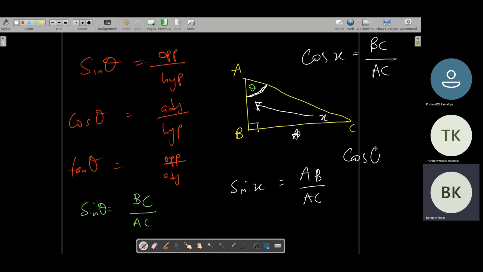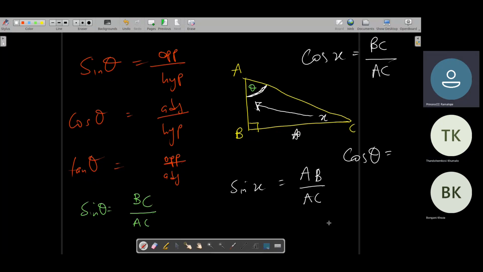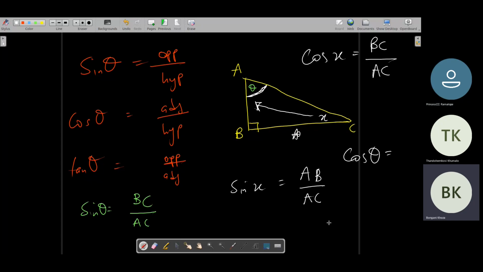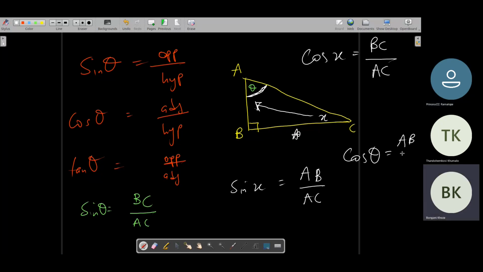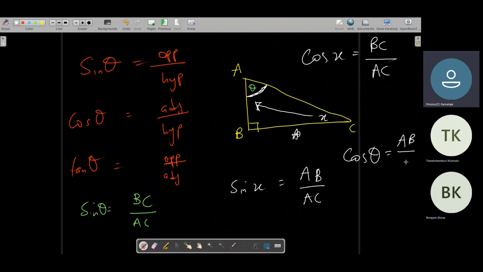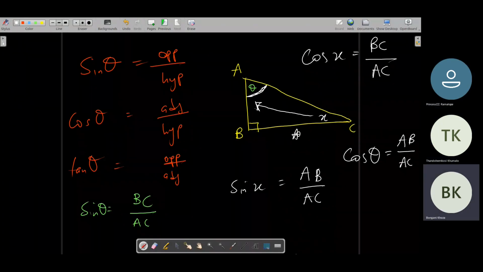If we were to have cos theta, cos is adjacent over hypotenuse. What's the adjacent side of theta? Since our opposite is BC, the adjacent side of theta is AB. So it's AB over AC.